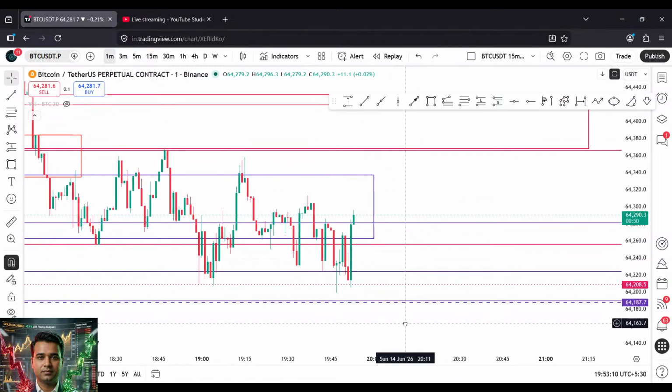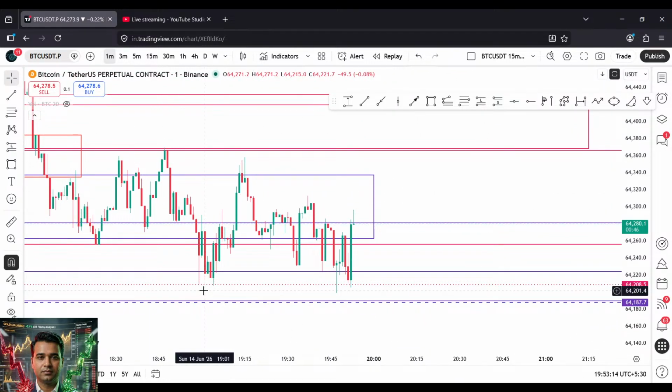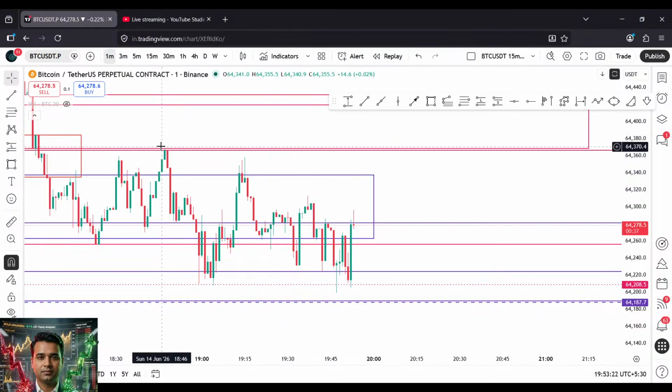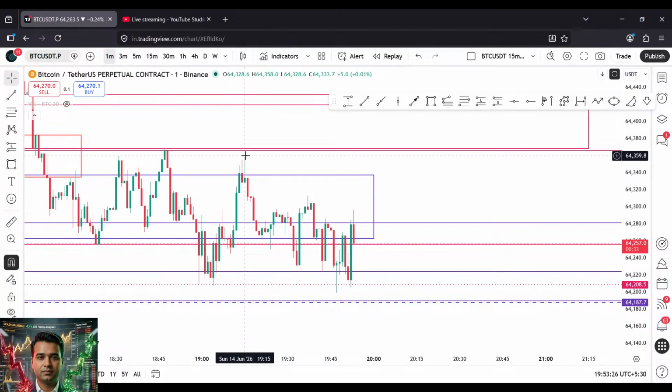And now what price is doing? Came down, goes up, came down, and inside this move, look at from this move to this move is running at some other scale maybe, and from this move to this move is on same scale. Look at this.